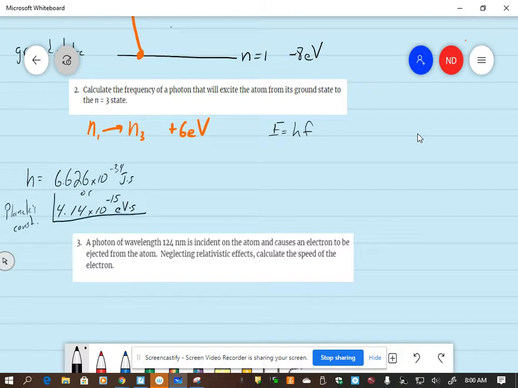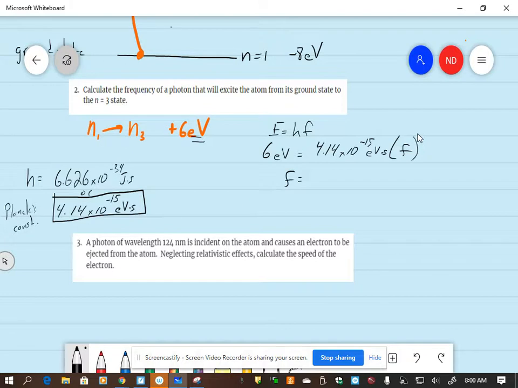Since we just calculated the energy in electron volts, we can keep with this one. So energy, we got 6 electron volts equals 4.14 times 10 to the minus 15th electron volt seconds times frequency. You do that math, pretty straightforward.